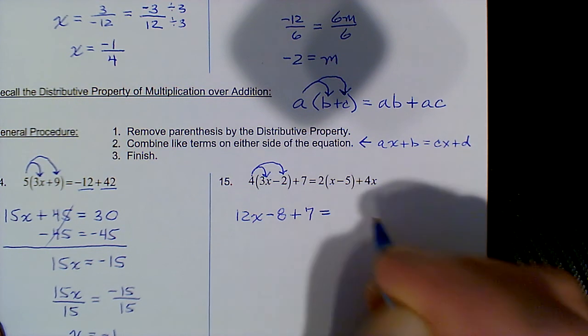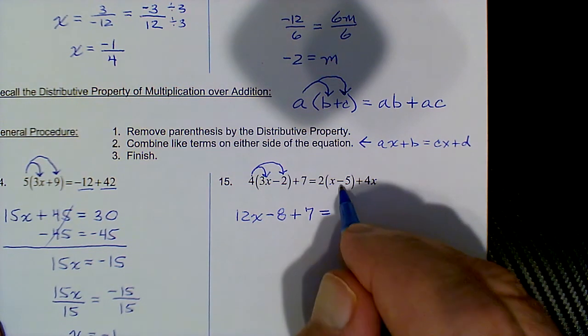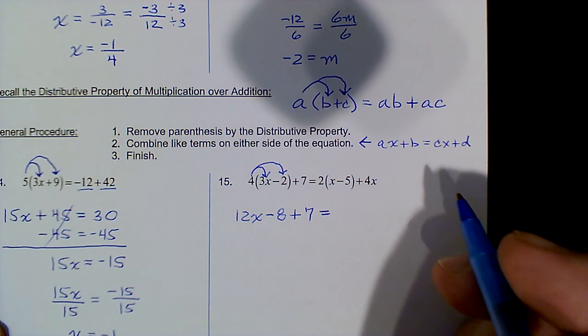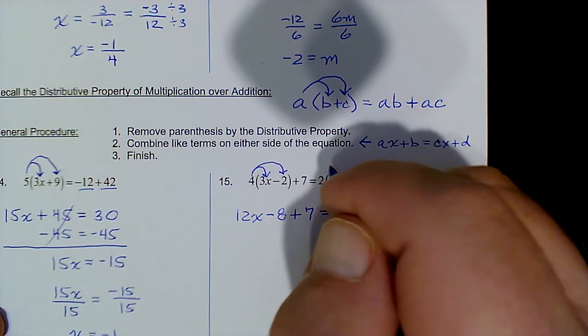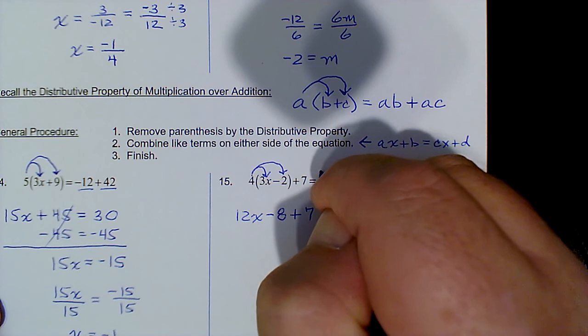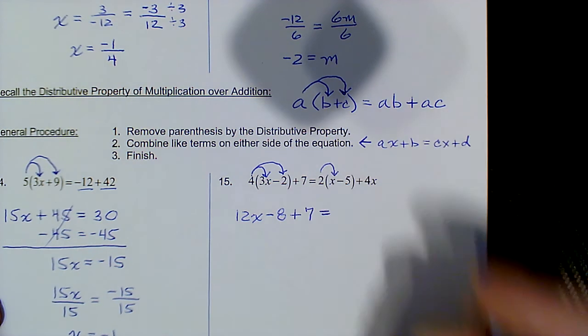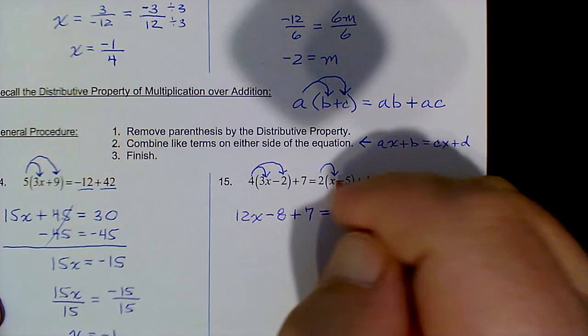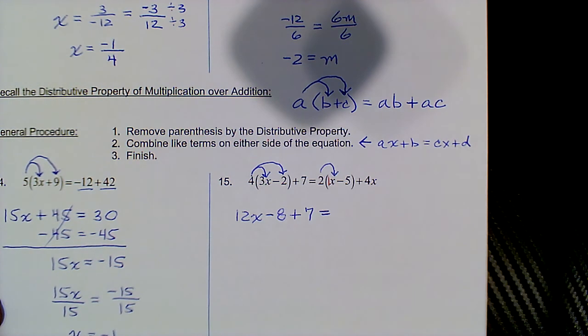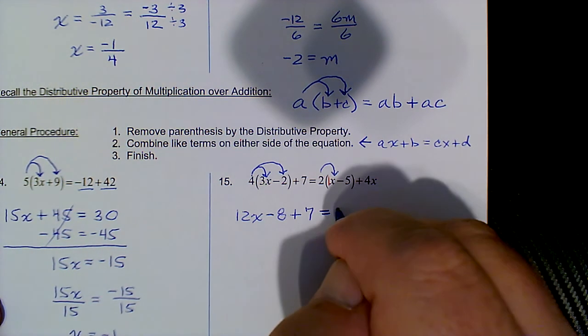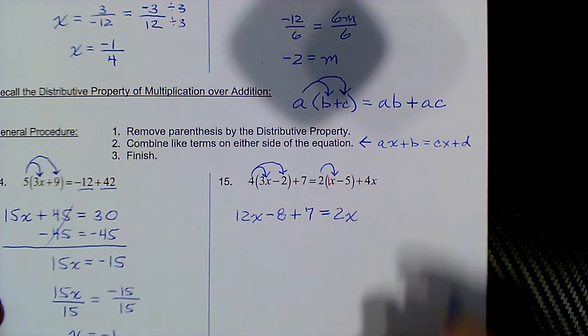And that's equal to, on the right-hand side, we see a set of parentheses, which again must be removed by the distributive property. So the 2 is multiplied by x, and it's understood that there's a 1 in front of that x. So 2 times 1x is 2x.